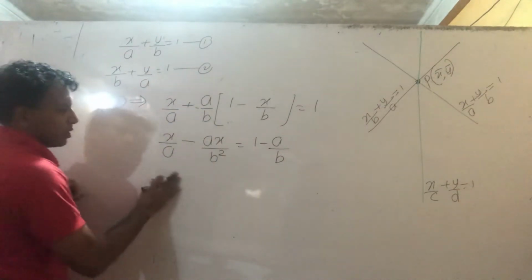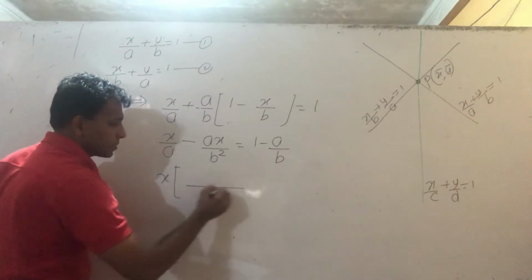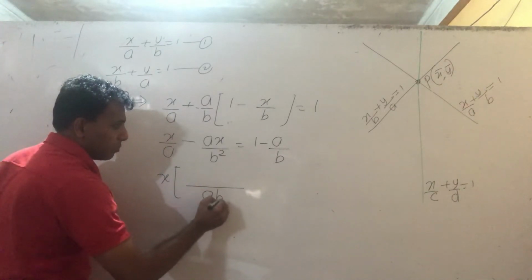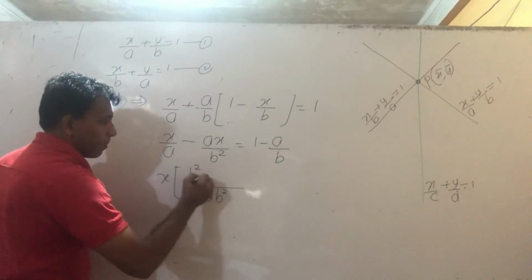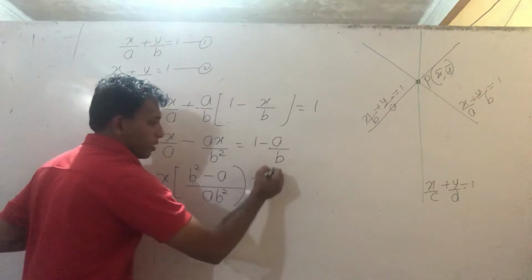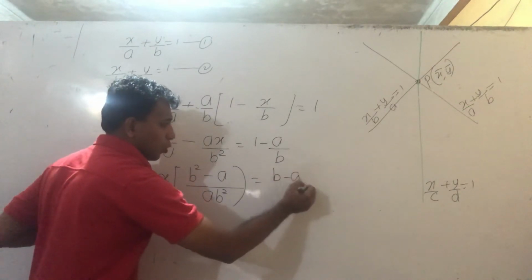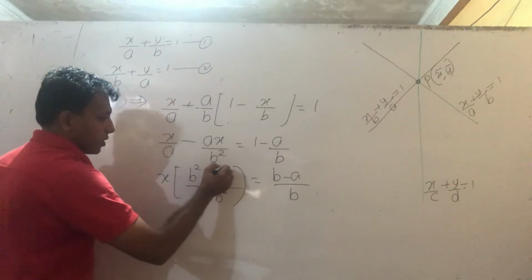Now if I take x out, use the LCM, simplify, a b square, then b square minus a. Then check value, here b minus a over b a square.